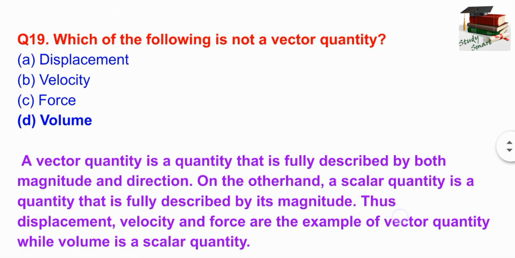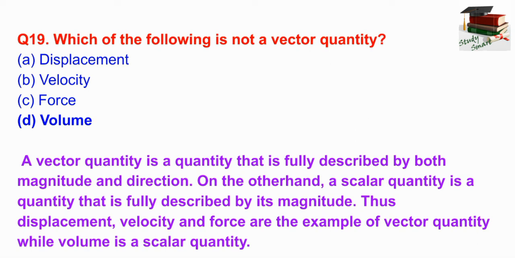Now see next question. Which of the following is not a vector quantity? Option A, displacement. Option B, velocity. Option C, force. Option D, volume. Now see first what is vector quantity. A quantity which has both magnitude and direction is called vector quantity.